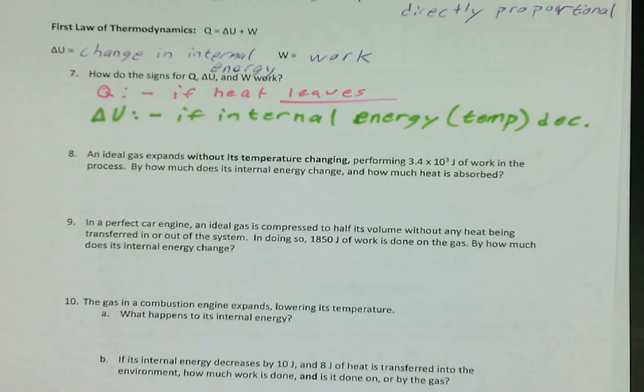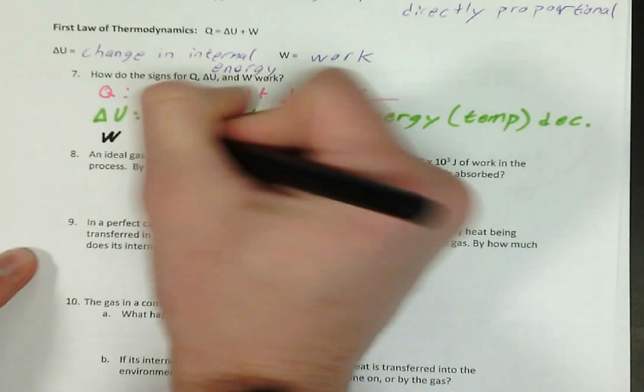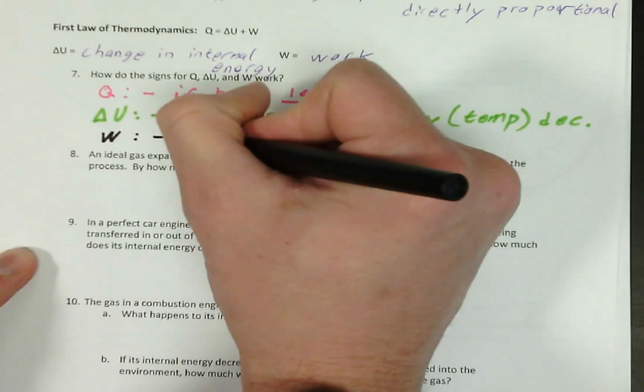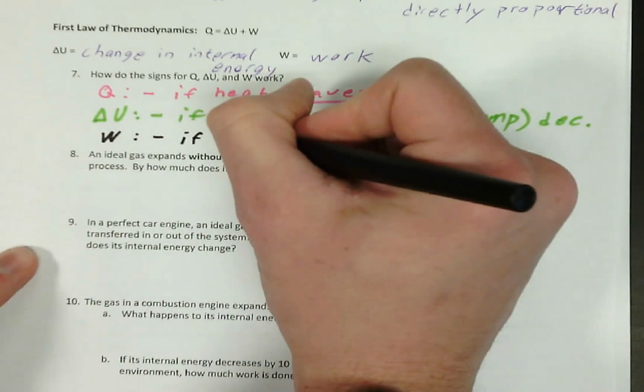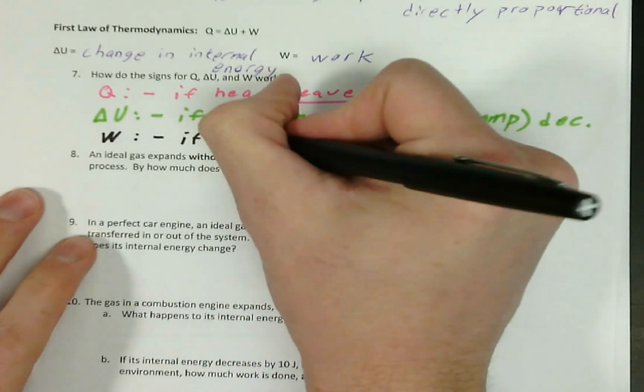And then the last one here, W is negative if, let me make sure I get this one right. So if work is negative if done.